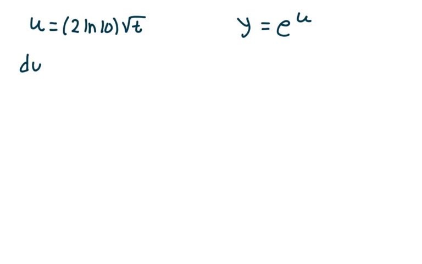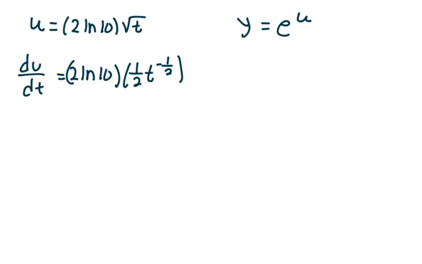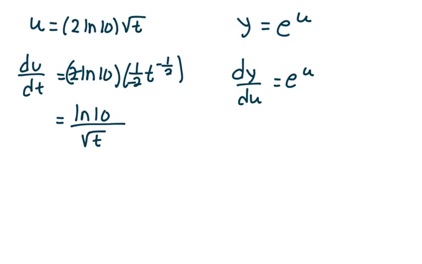And so du dt is 2 natural log of 10 times 1/2 t to the negative 1/2. Okay? Which is equal to, now notice how the 2's cancel. And so this is natural log of 10 divided by square root of t, like so. And dy du is equal to e to the u.